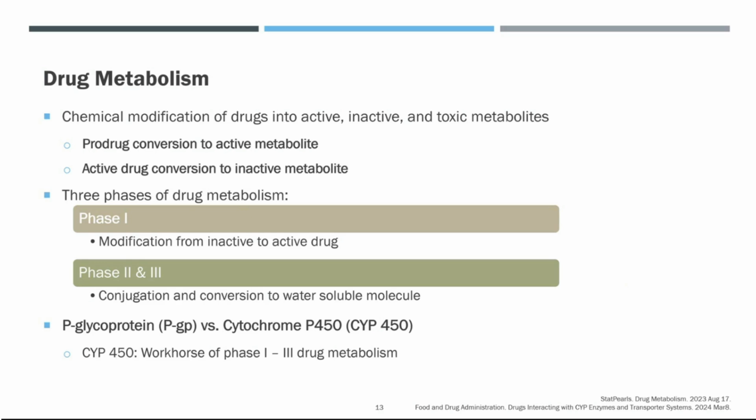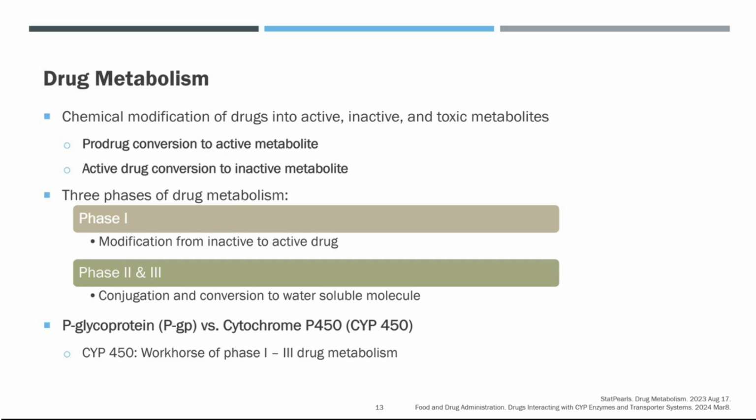So there are three phases of drug metabolism. Phase 1 is modification from an inactive to an active drug, versus phases 2 and 3, which are involved with conjugation and conversion to a water-soluble molecule to get ready for elimination.